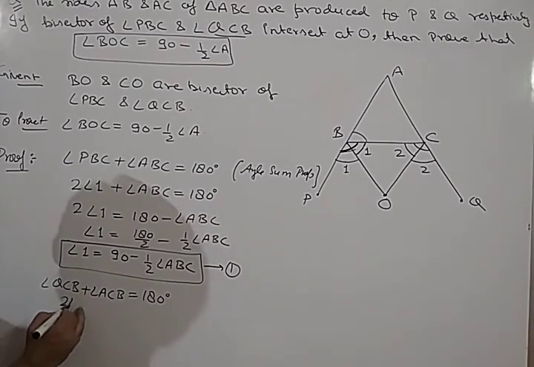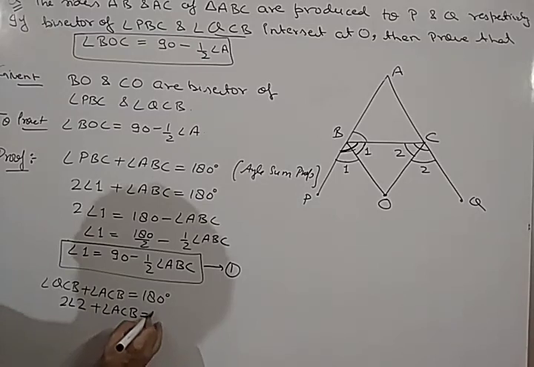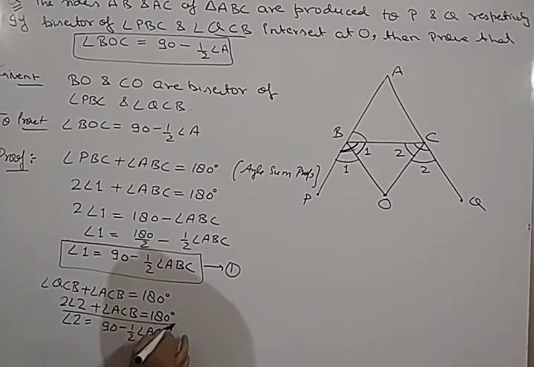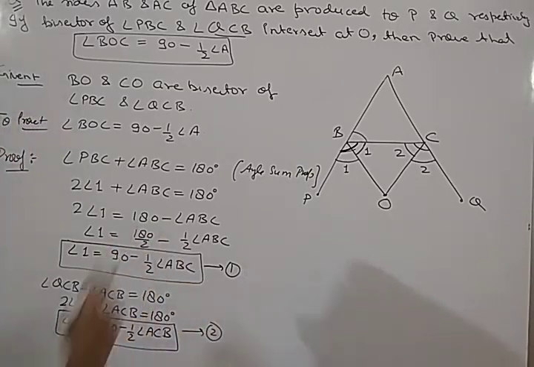So twice angle 2 plus angle ACB is equal to 180 degrees, and if we solve it further, angle 2 will be equal to 90 minus half of angle ACB. We consider this as equation number 2.